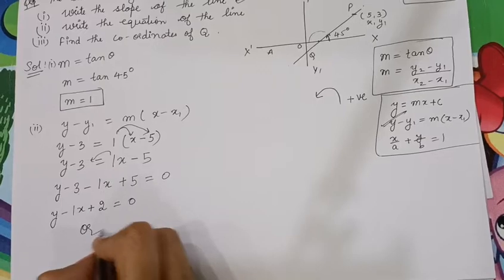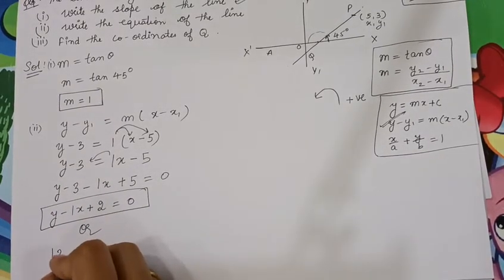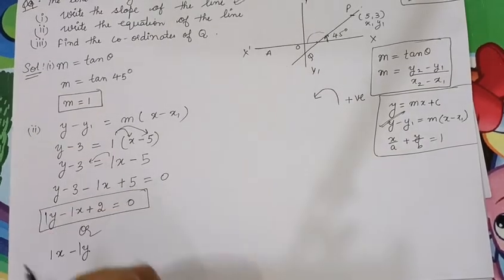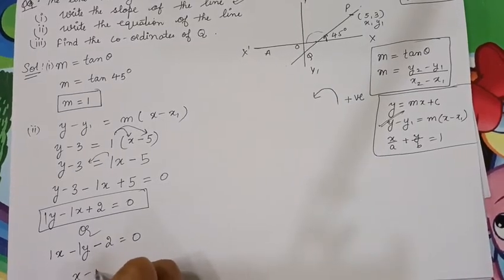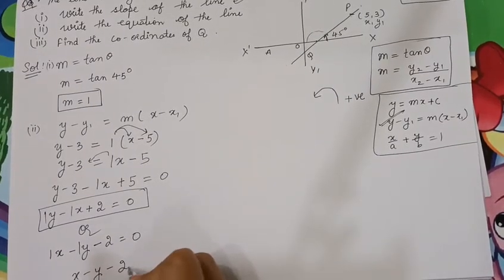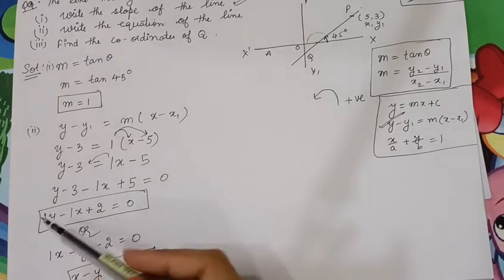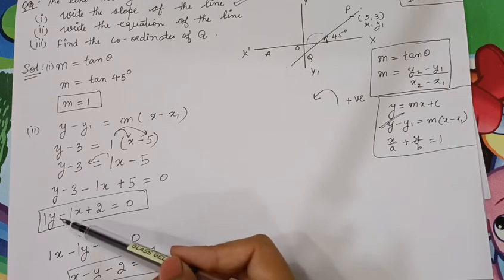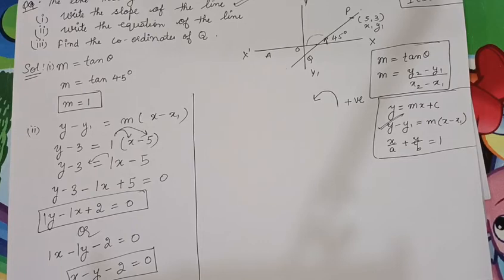This is the required equation, or we can also rewrite it as x minus y minus 2 equals 0. No need of writing 1. When multiplying by minus, positives become negative and negatives become positive. So the required equation, we got it.